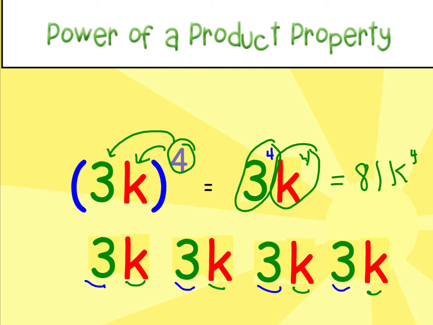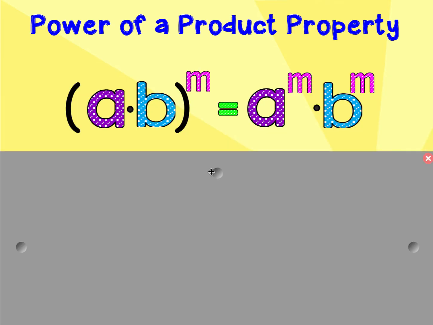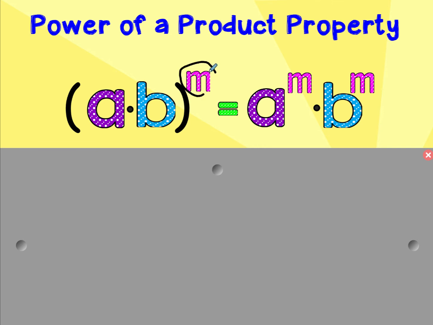So let's go ahead and simplify what the power of a product property is. So basically what it's saying is that when our base has multiple factors, and it has to be multiplication or its inverse, which is division, that exponent gets distributed, basically.